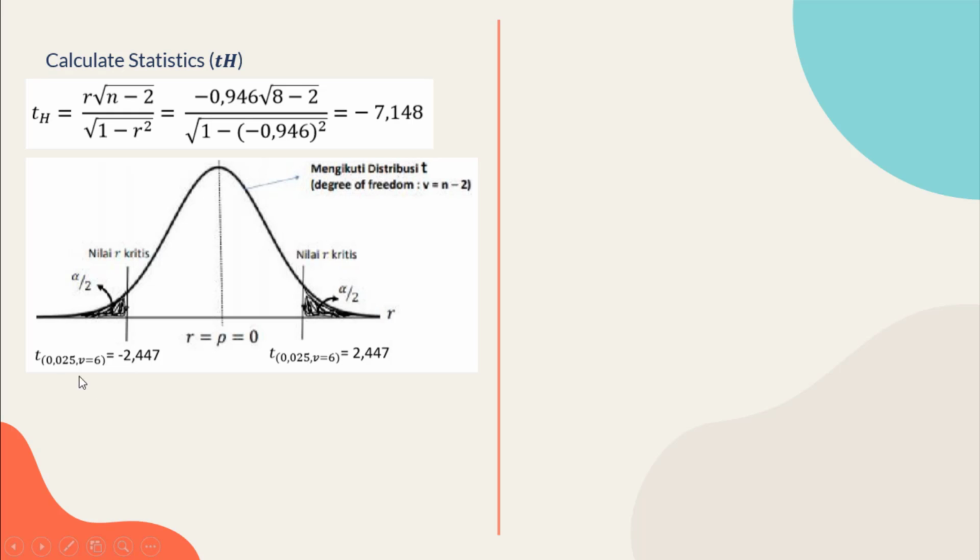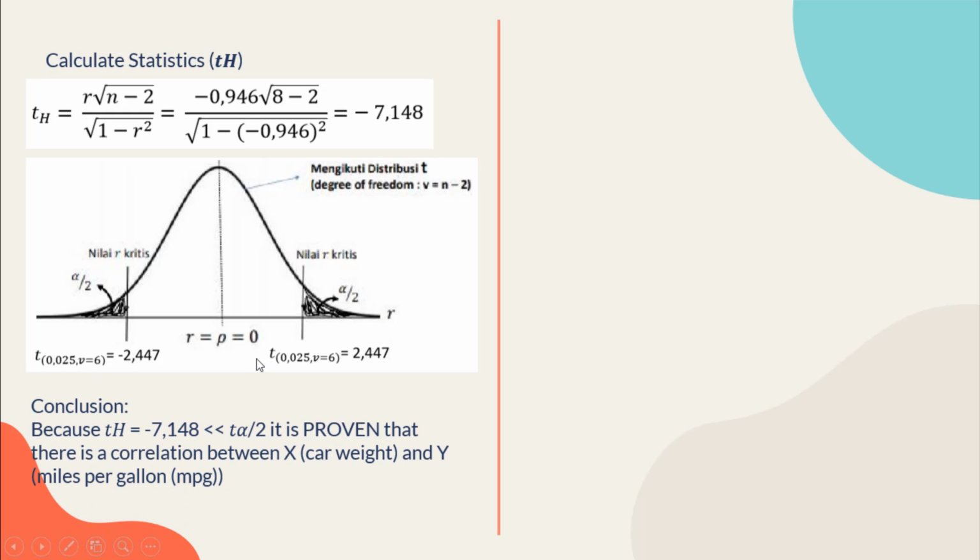So we got the result. The conclusion is, because t-hit is equal to minus 7.148, it is proven that there is a correlation between X and Y.